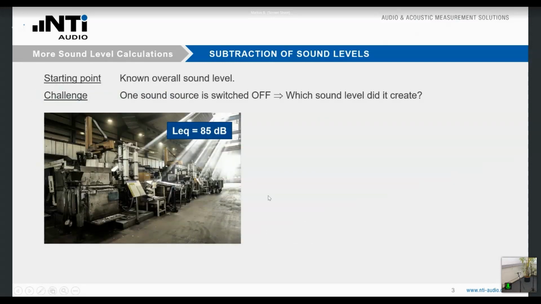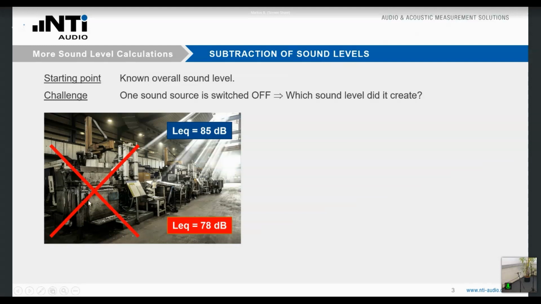Let us start with the subtraction of sound levels. We have two typical applications or two typical views, and I'm going to start with the first one. Let us assume you are in a machinery hall and you are requested to measure the sound level in that hall. You measure 85 dB, and now the owner asks you, if we switch off this machine here to the left, can you determine the sound that is coming from this specific machine?